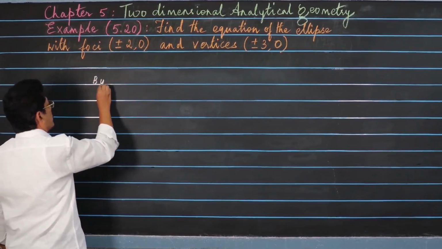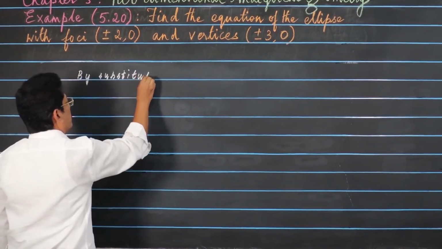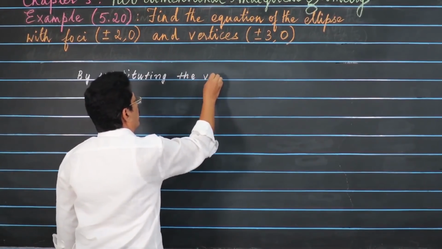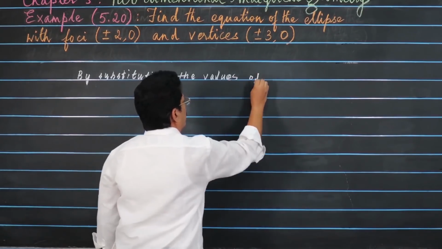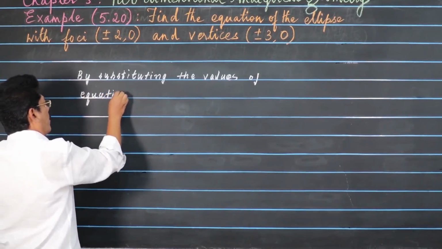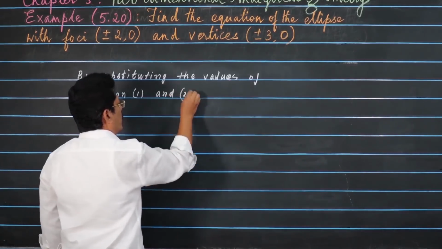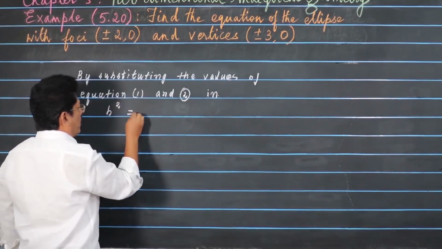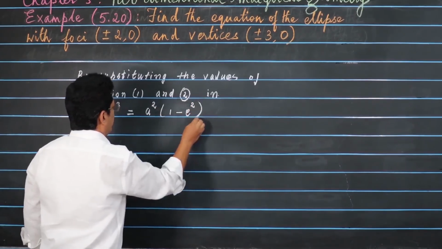By substituting the values of equation 1 and 2 in B squared is equal to A squared into 1 minus E squared.